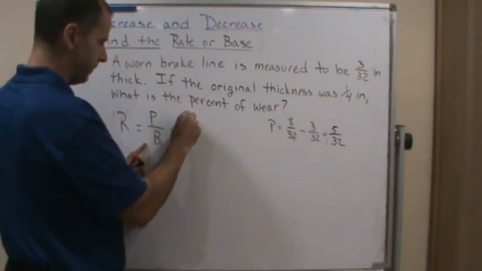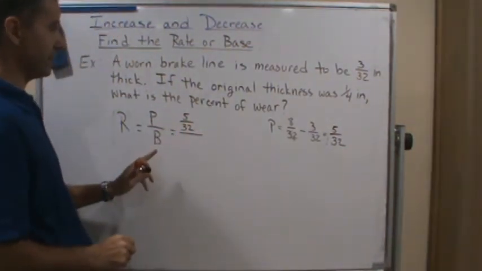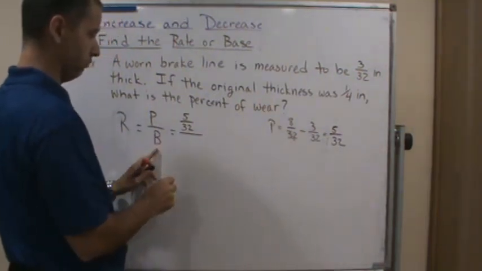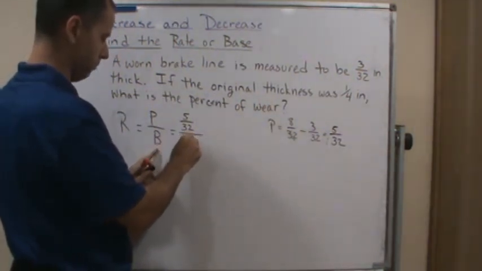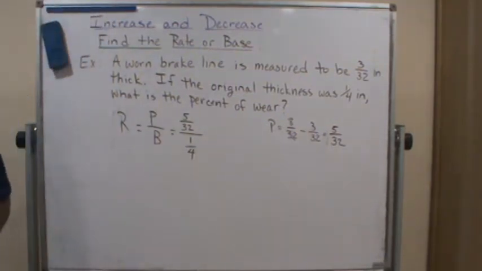So it's going to be 5/32 over the base amount, which is the original amount, which is 1/4, right? And now I'm going to divide those fractions.